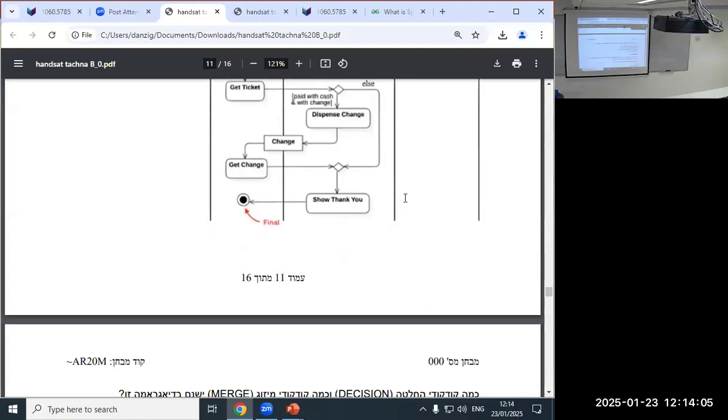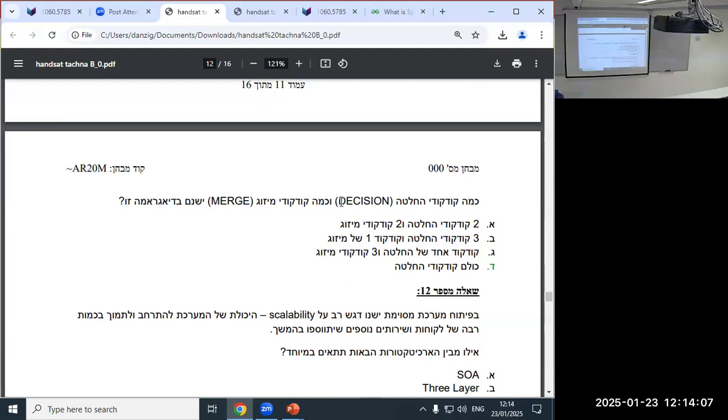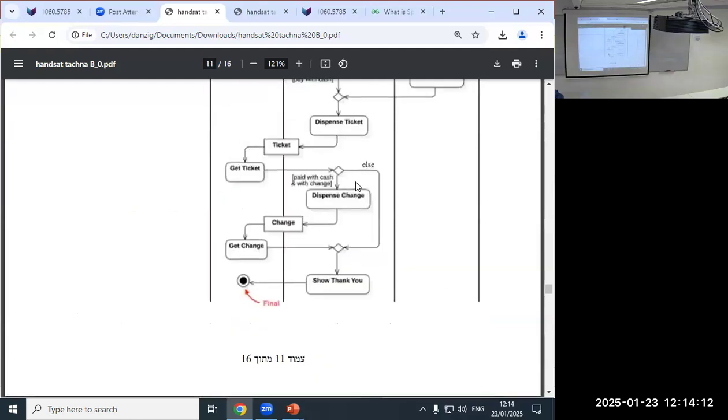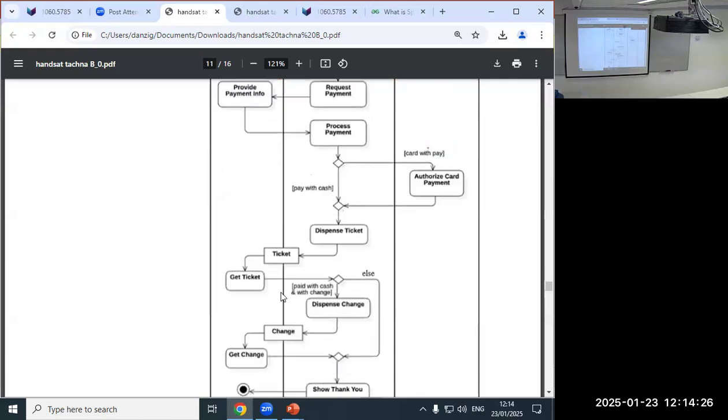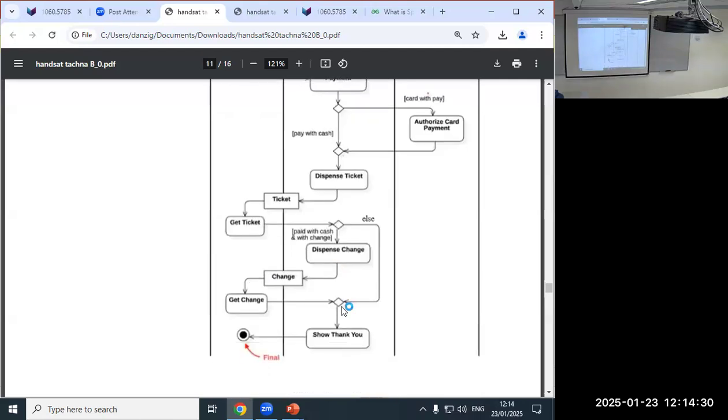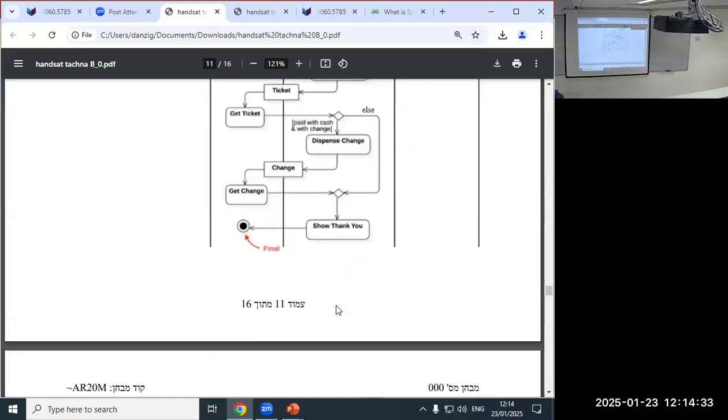How many decision nodes are there, and how many merge nodes are there? Decision: pay with card, pay with cash. That's a decision. This is a merge. So 1 and 1 so far. And now this is a decision. So 2 decisions and 2 merges. Looks to me like 2 and 2. Agreed? This is a merge.